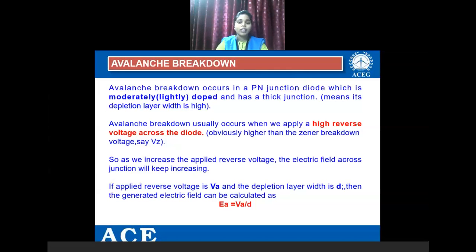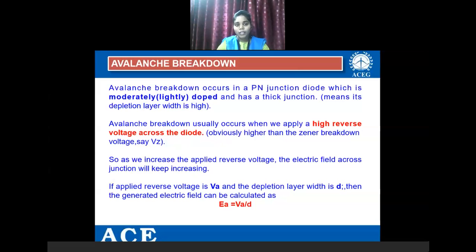Yes, in a reverse bias condition, what are we doing? If we are increasing the voltage constantly, avalanche breakdown will occur. What is avalanche breakdown? Avalanche breakdown means where carrier multiplication will be done, then whatever electrons are present in the depletion layer are going to conduct.